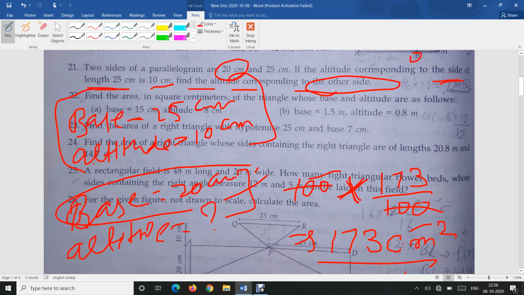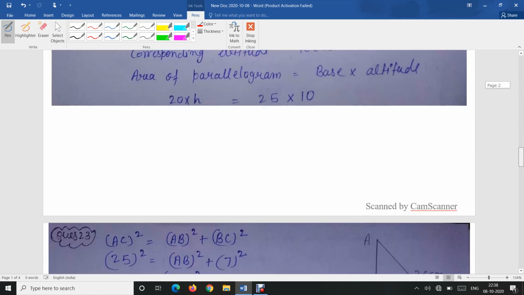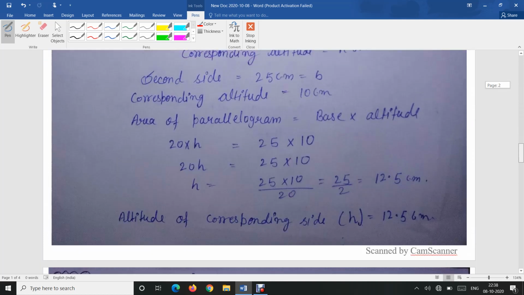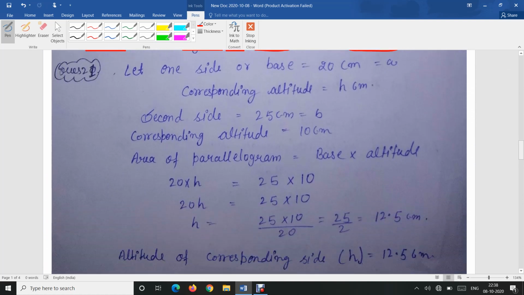It is talking about the parallelogram, and if the base and altitudes are given, and you also have to find the altitude, you can apply the formula for area of parallelogram, because the formula for area of parallelogram is base multiplied by altitude, or base multiplied by the height. In this way you can find out the altitude for the other side.